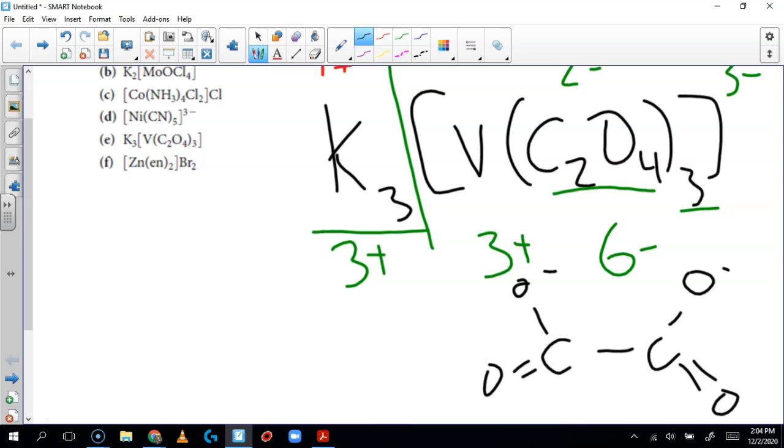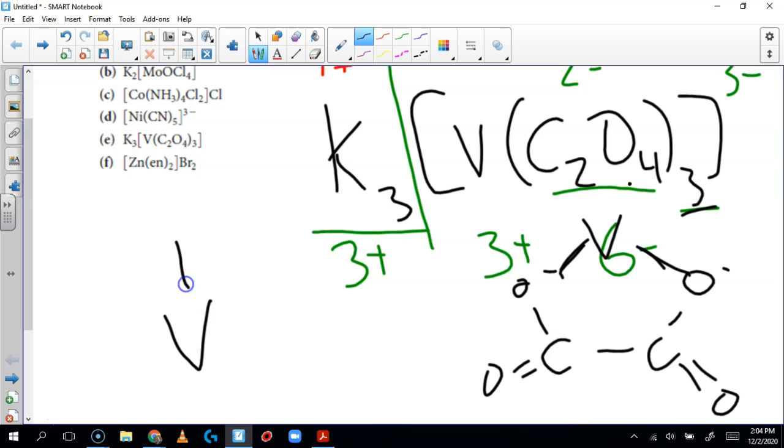It latches onto the atom, like the vanadium, in two places. So each one of these has two donor atoms attached to it. So if there's two donor atoms for each oxalato, and there's 3 oxalatos, that means that the coordination number for vanadium is going to be 6.